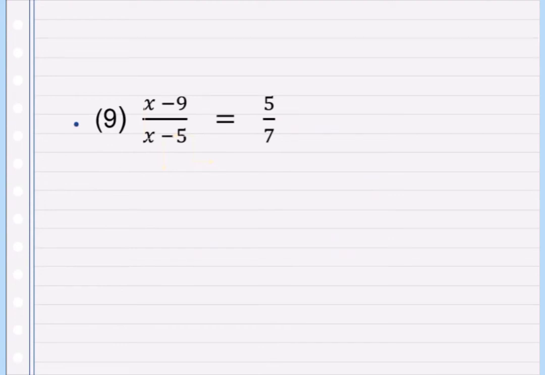x minus 9 upon x minus 5, with x minus 9 as the numerator and x minus 5 as the denominator, is equal to 5 upon 7. Now simply we will do cross multiplication. x minus 9 will multiply by 7 and x minus 5 will multiply by 5. So here 7 bracket x minus 9 is equal to 5 bracket x minus 5.